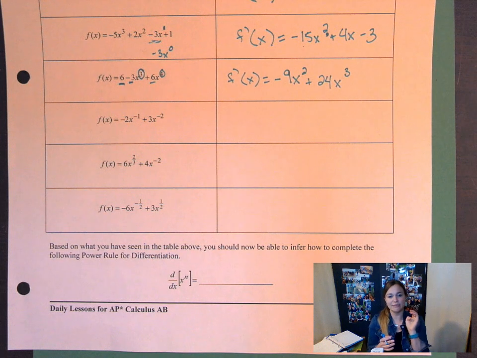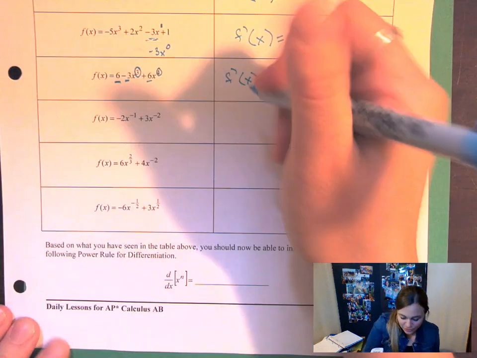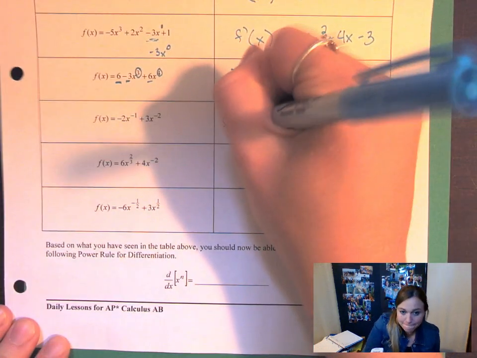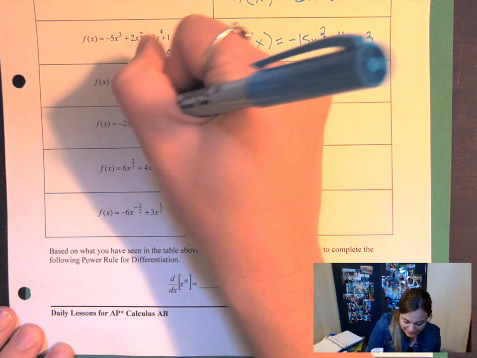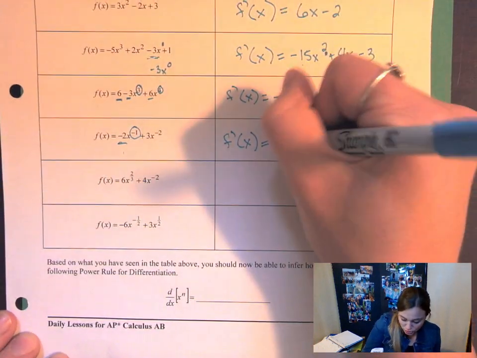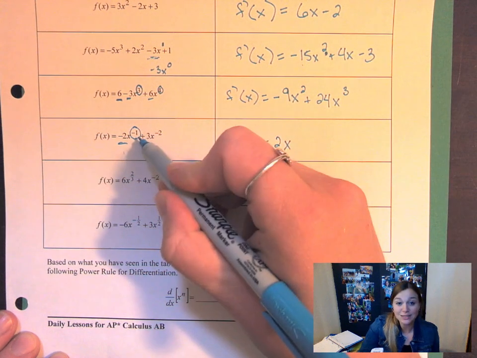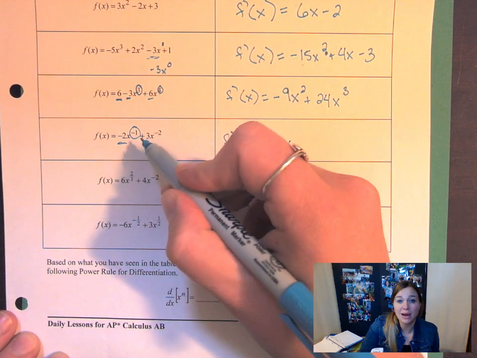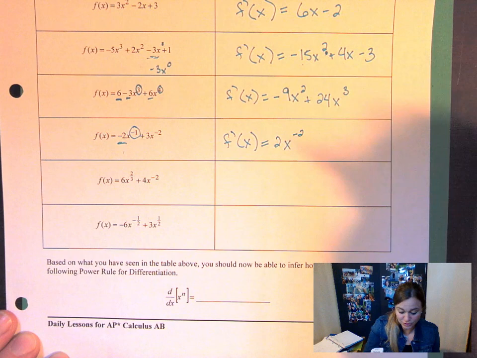So you've got a variable times a coefficient, and we've got some exponent on the variable. We can do this way. So in this one, I'm going to say f prime of x is equal to, I take the exponent of negative 1 times negative 2, and I get 2x. Subtract 1 from the exponent. So I've got negative 1 minus 1 is negative 2.